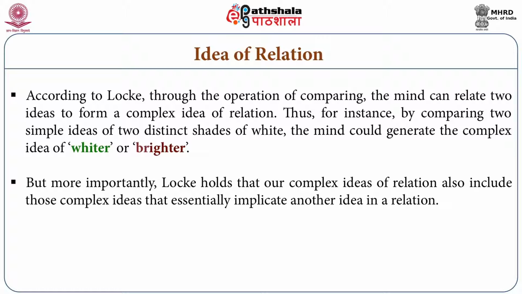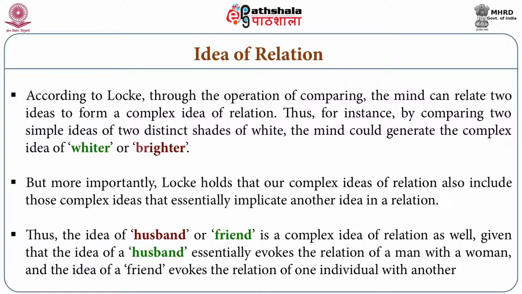But more importantly, Locke holds that our complex ideas of relation also include those complex ideas that essentially implicate another idea in a relation. Thus, the idea of husband or friend is a complex idea of relation as well, given that the idea of a husband essentially evokes the relation of a man with a woman, and the idea of a friend evokes the relation of one individual with another.